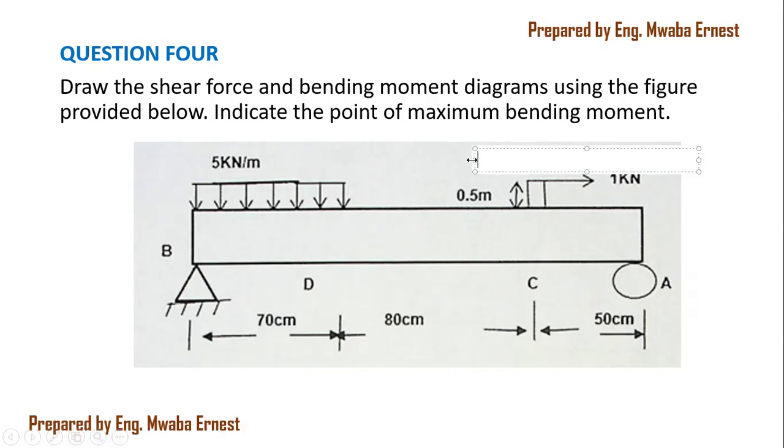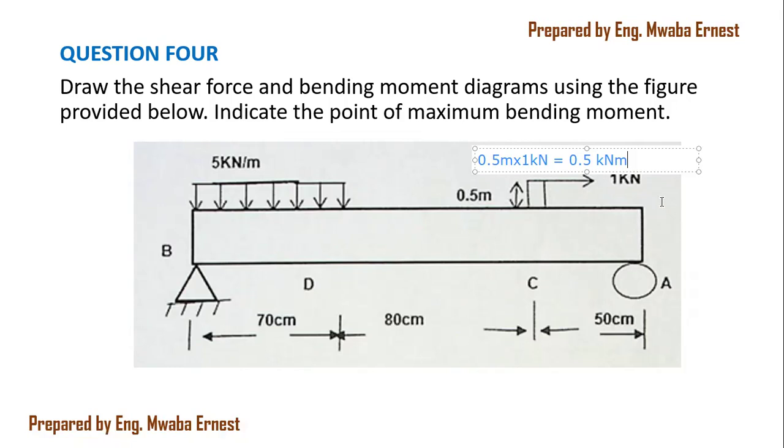In other words, 0.5 meters multiplied by 1 kilonewton, giving us a moment of 0.5 kilonewton meters.